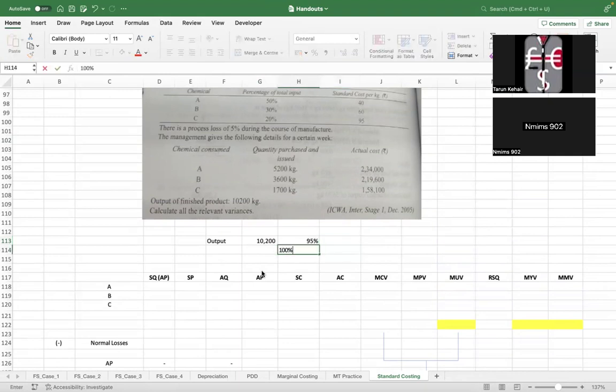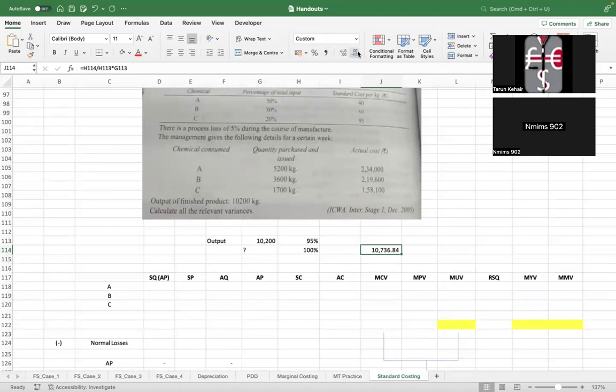So the question is, what is 100%? Right? So 100% is 100 by 95 into 10,200. You don't need to put it in decimals. We can take it as rounded off 10,737 units.